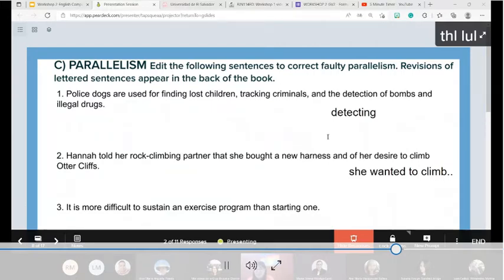Not only, but also. What to doing, but also what to thinking. So I was, let me see.